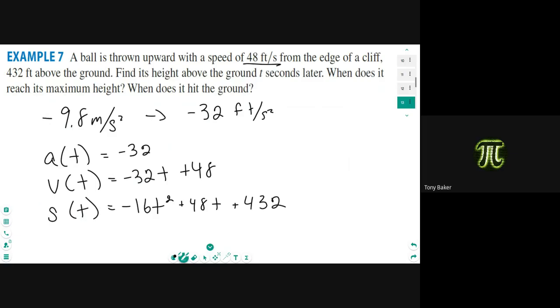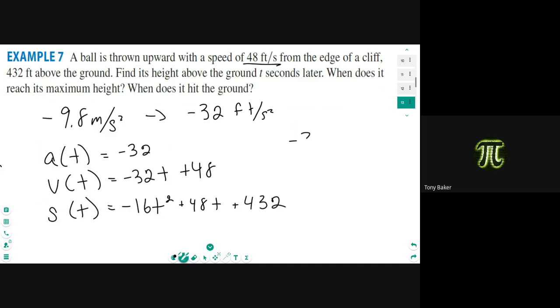So now, there are 2 more questions to this problem. We've got its height above the ground 2 seconds later. When does it reach its maximum height? We have the derivative. We just need the velocity to be 0, right? So we have the velocity, so we don't have to find the derivative or anything else.